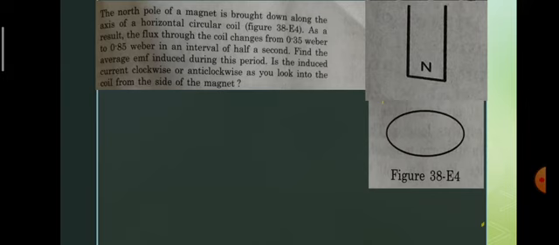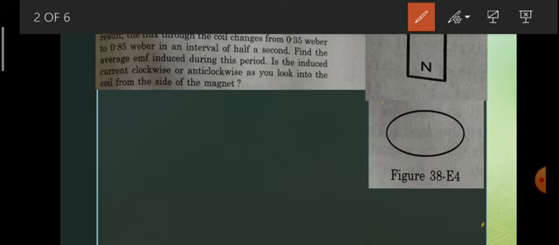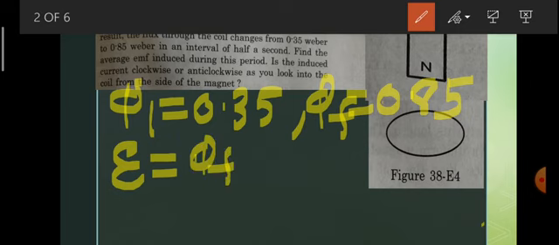So we have initial flux phi I given by 0.35, and final flux is 0.85. We have EMF induced is delta phi upon delta t, that is phi final minus phi initial upon t.